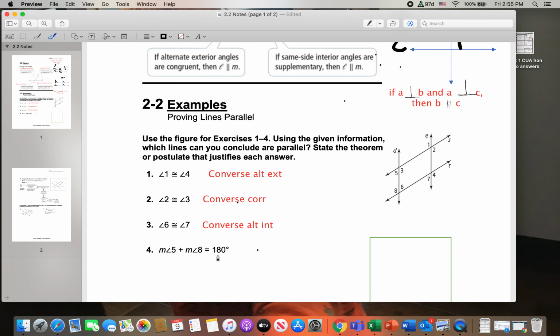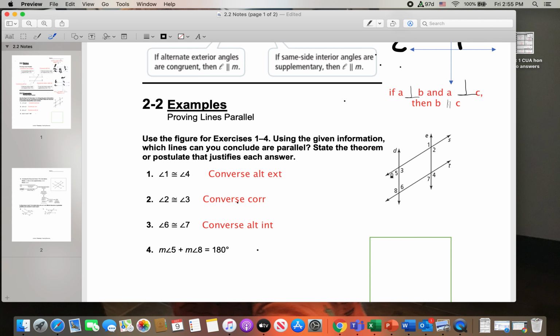One more, and it gives us a clue right there. They add up to 180. Linear pairs add up to 180, don't they? But alternate interior, alternate exterior, same side, or corresponding, let's look. Angle 5 and angle 8. We ignore 1, 2, 7, and 4. Same side or alternate sides of D? They're both on the left.